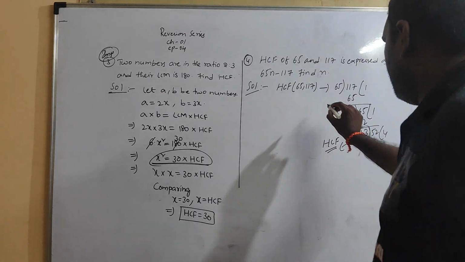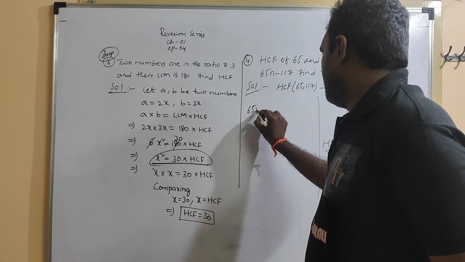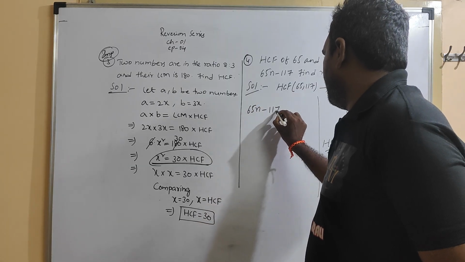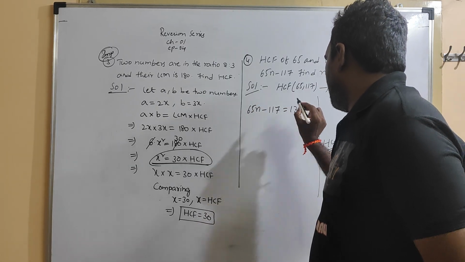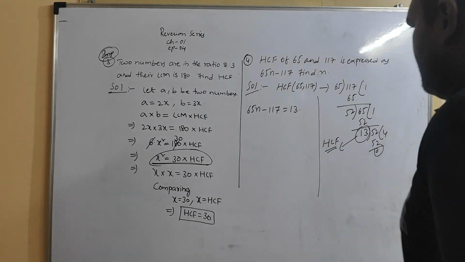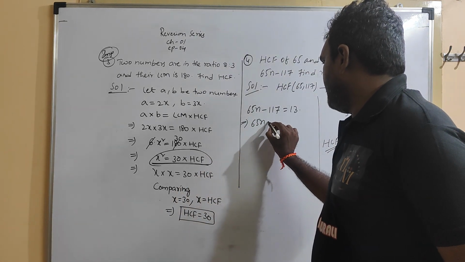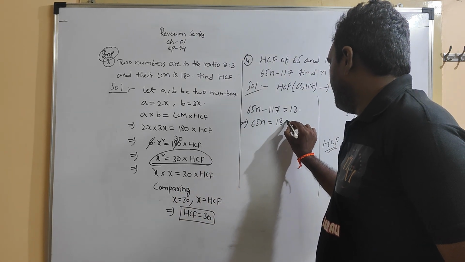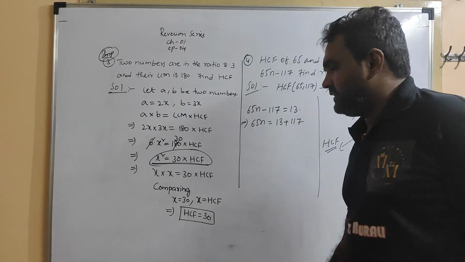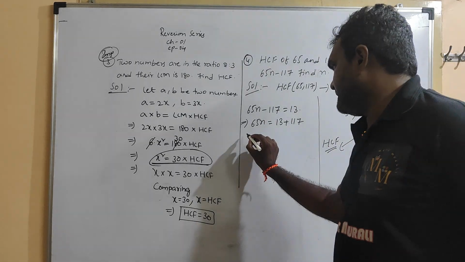Then see what we have to do. 65n minus 117 is equal to 13. Am I clear? This implies 65n is equal to 13 plus 117.